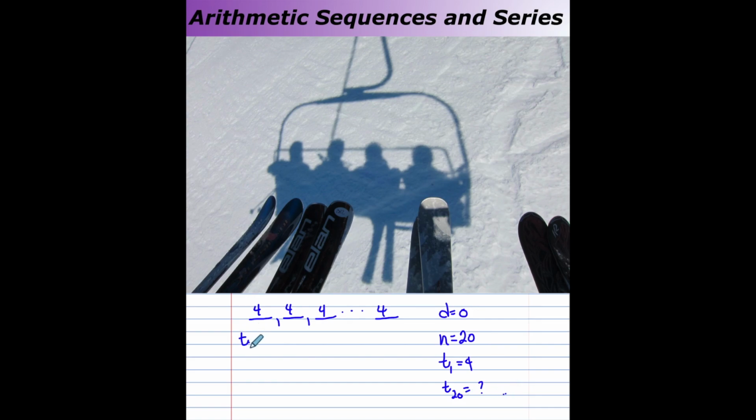We'll use the formula T of n equals T of 1 plus n minus 1 times D. So T of 20 is the first term. We know we have 4 in the first chair, and then we have 20 chairs minus 1 times D is 0. That wipes out this part. So T of 20 is 4. The formula checks out. Look at that.